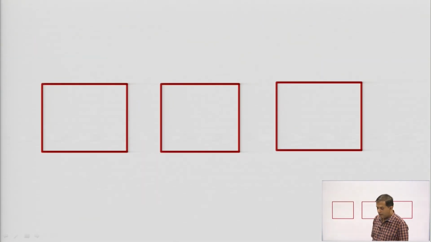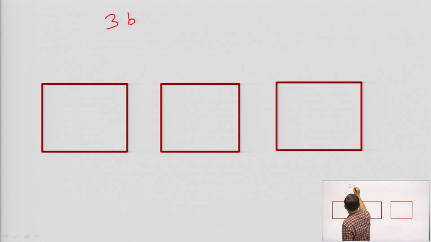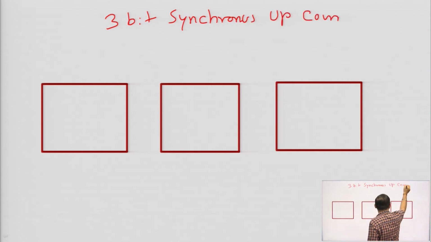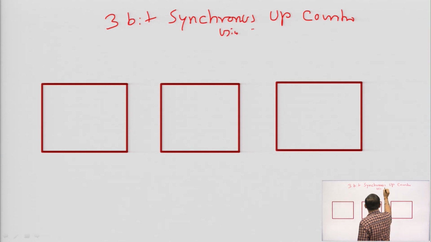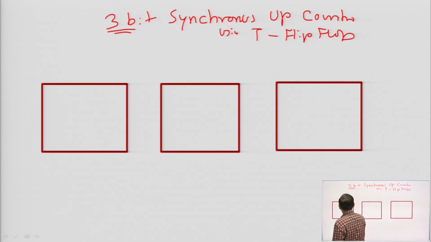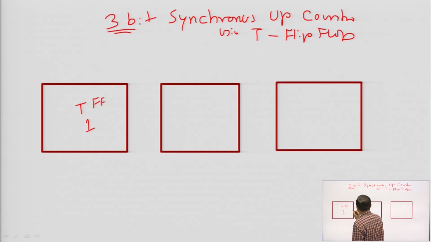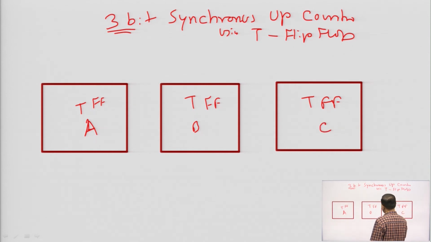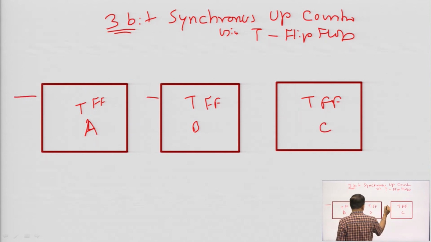So, now my question was a 3-bit synchronous up counter using T flip flop. 3-bit means 3 flip flops, T flip flops, and we have taken C, B, A. So, we have T flip flop A, T flip flop B and T flip flop C, with 1 1 input in every case.